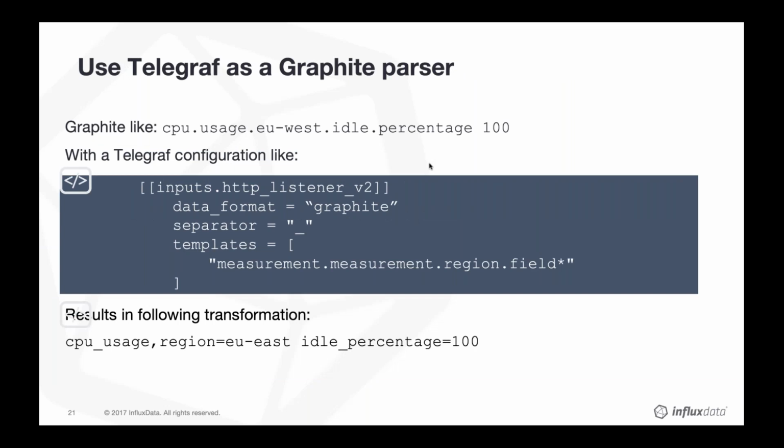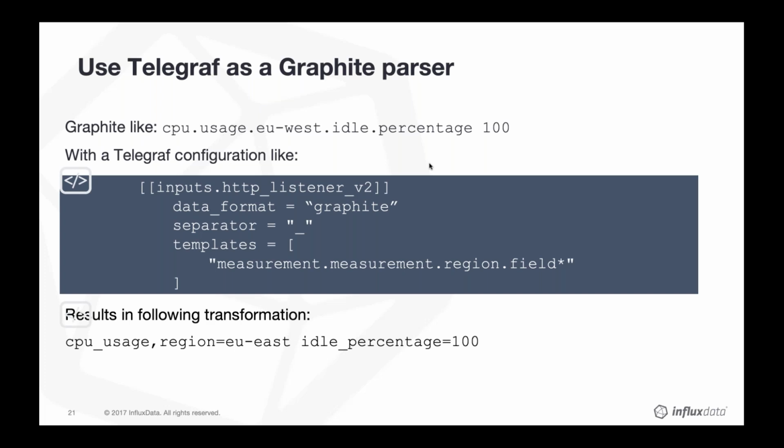So going back to Graphite, it's a very common migration pattern. We get a lot of Graphite users moving to InfluxDB, so I thought it would be topical, or at least relevant, to pull this out. If you take a Graphite metric like the one above, cpu.usage.eu-west.idle.percentage equals 100, you can run this through any of the supported input plugins.